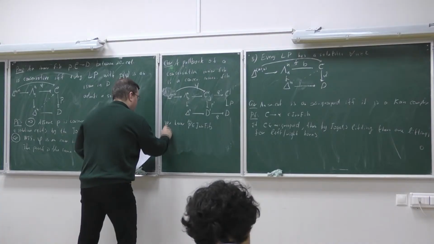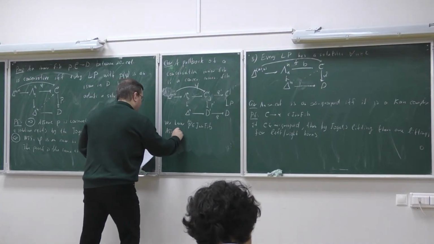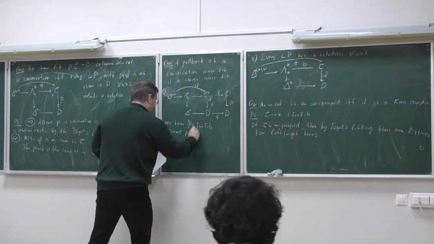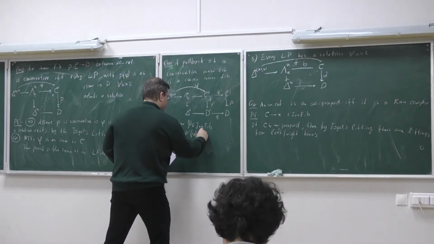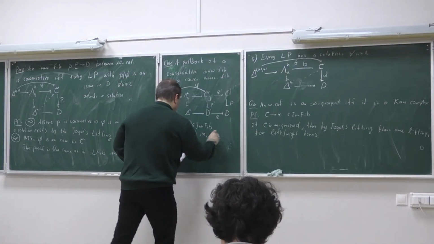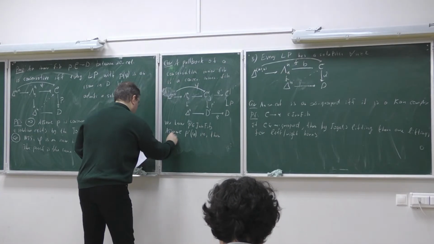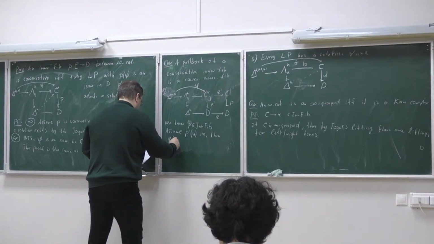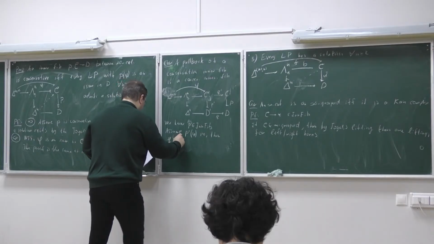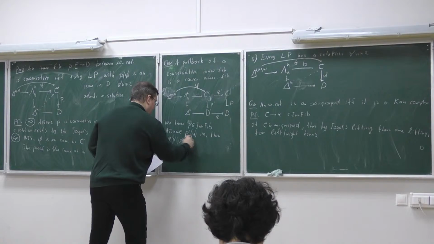So we assume that P prime of the map phi is an isomorphism, right? So then the composition of Q and P prime of phi is an isomorphism.